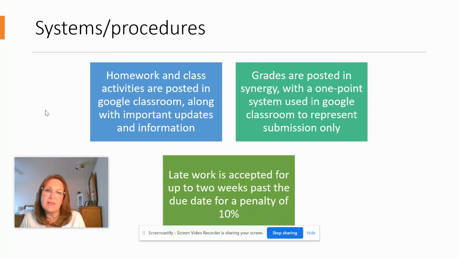Synergy represents the actual grade, where I sit down and review the work. Late work is accepted for up to 2 weeks past the due date for a 10% penalty. And Mrs. Schwartz, the other 7th grade teacher, and I are on the same page with that late policy.